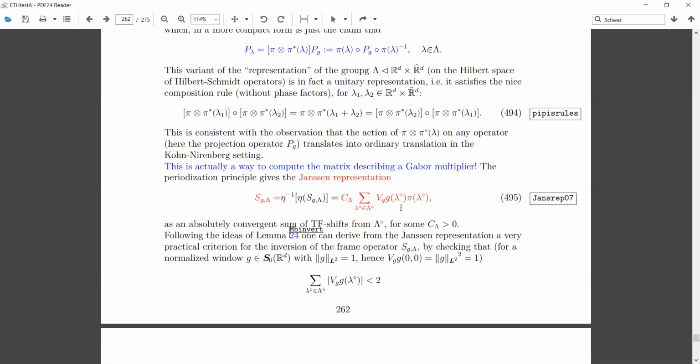But there is a very nice and very important interpretation also of this adjoint group. It's exactly the set of all time-frequency shifts which commute with the original ones. So you could say, well, these are the compatible time-frequency shifts. So what is the interpretation of the transition from the ordinary Fourier transform to Fourier series?